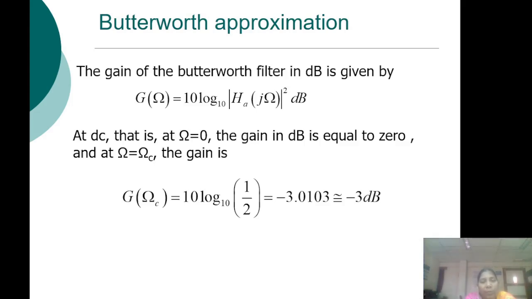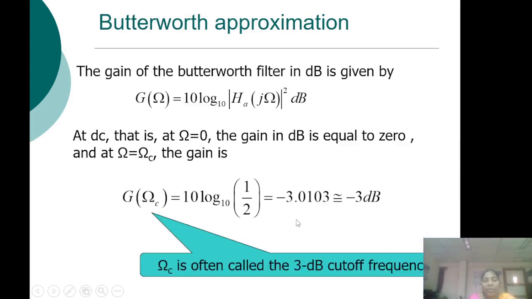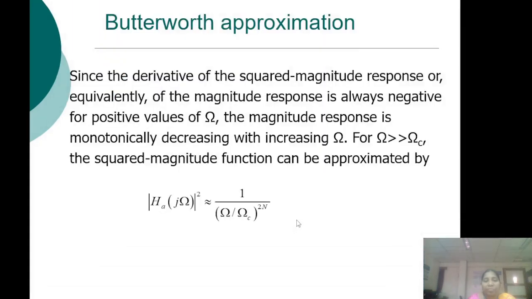When omega is equal to omega c, modulus of H of j omega squared is 1 by 2. So g of omega c is 10 log to the base 10 of 1 by 2, which is minus 3.0103, approximately equivalent to minus 3 dB. So at omega equal to 0 the gain is 0, and at omega equal to omega c the gain is minus 3 dB. This omega c we call the 3 dB cutoff frequency.